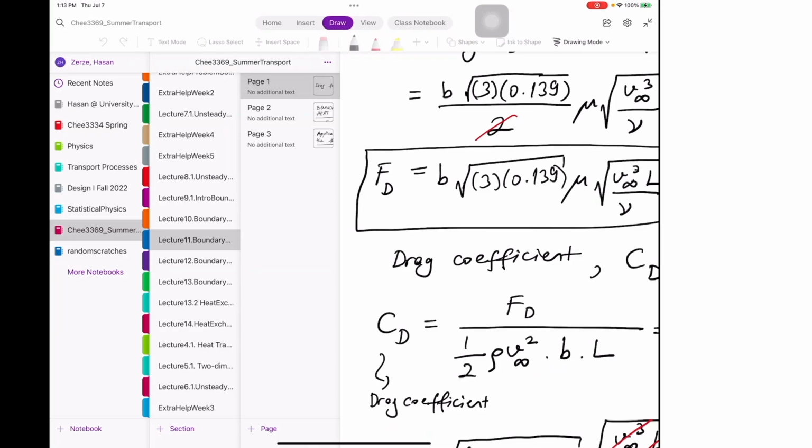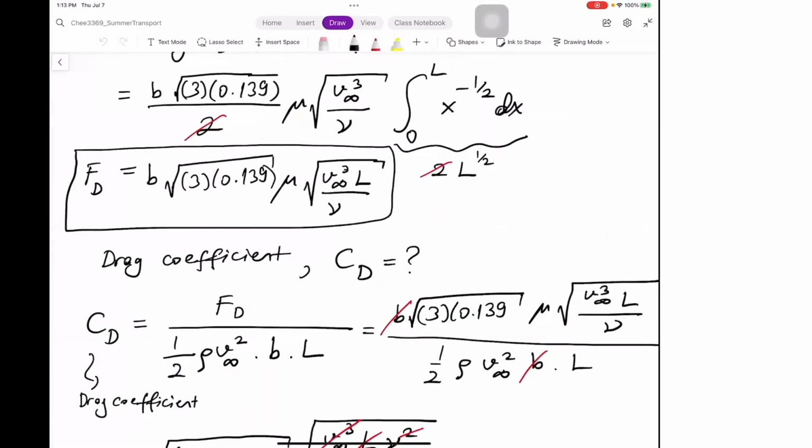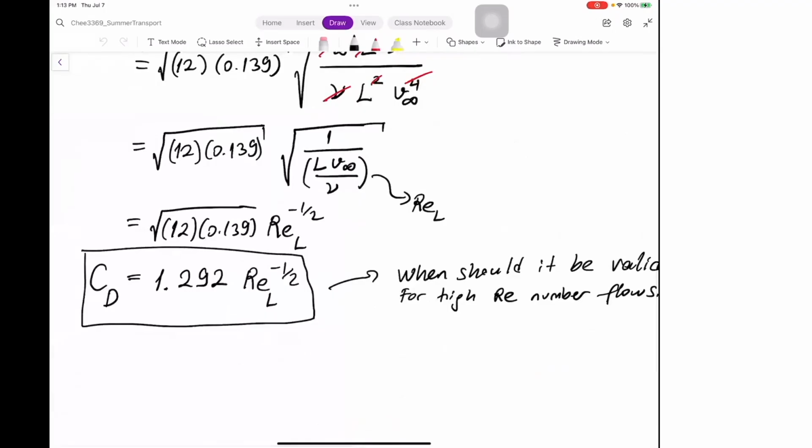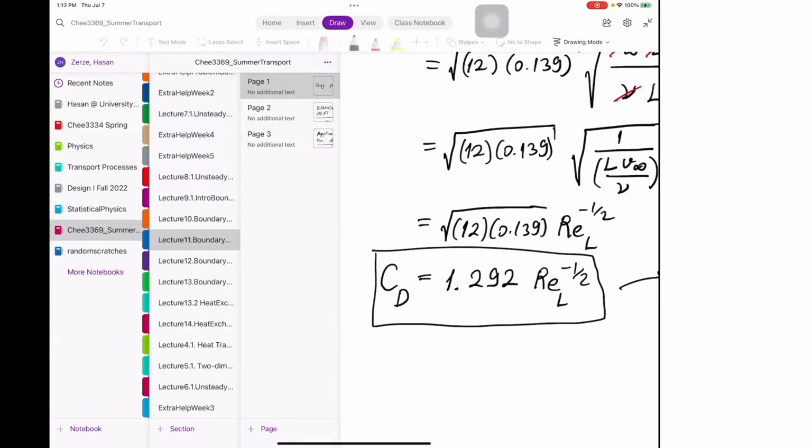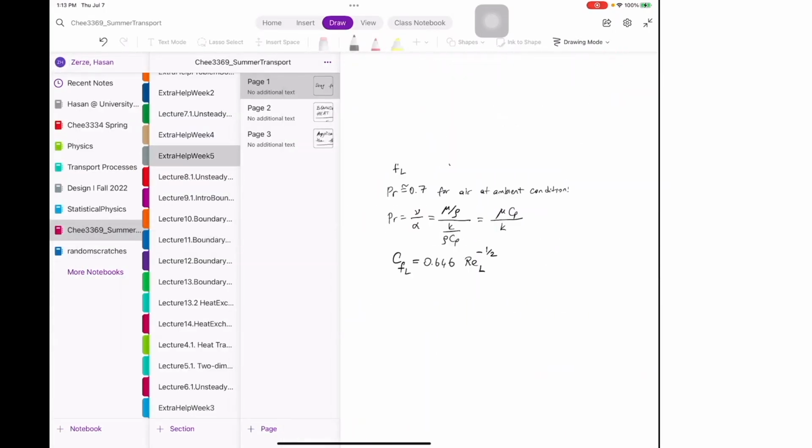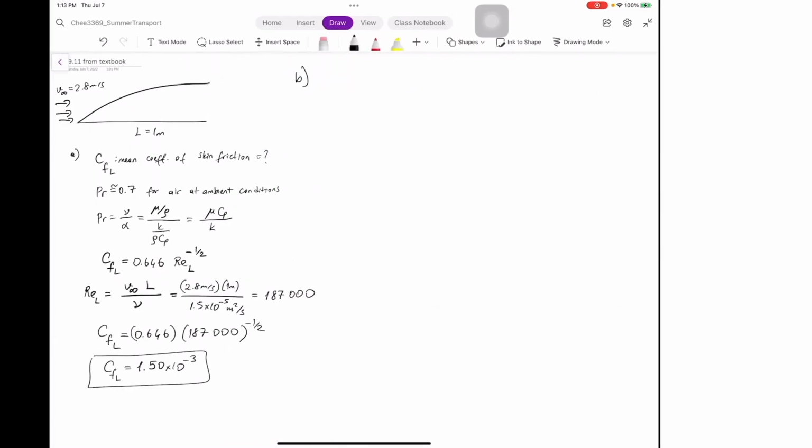I think it's a better idea if we use the CD. So let's do it that way. First, calculate the CD. CD is equal to 1.292 Reynolds number to the power -1/2.